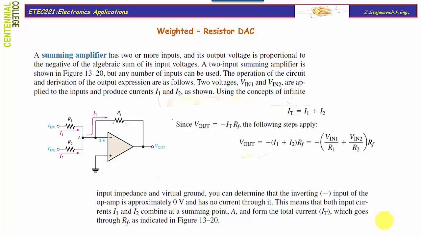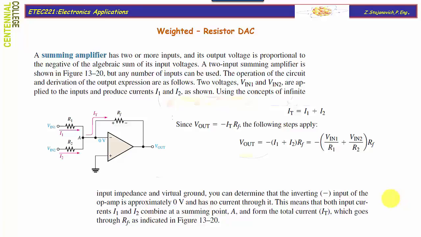That tells us that the current IT will flow through resistor RF, making a voltage drop across it. Now, if we apply Kirchhoff's voltage law around the output loop, which includes Vout and the voltage drop RF IT across the resistor RF, then we can find the expression for the output voltage to be negative IT RF.